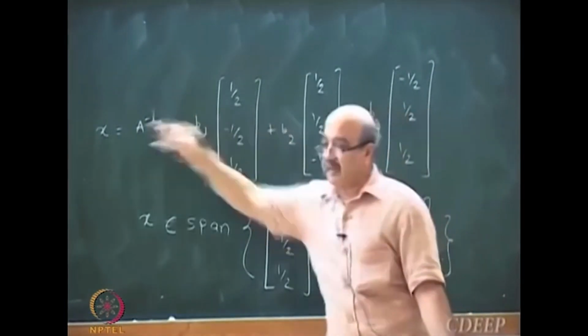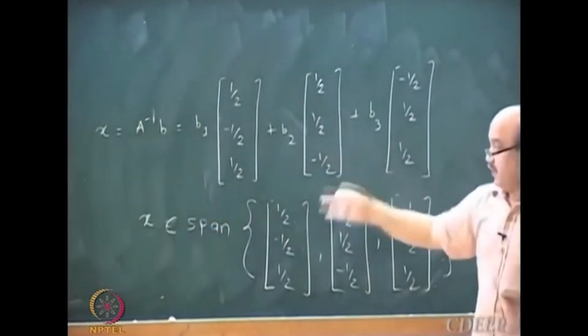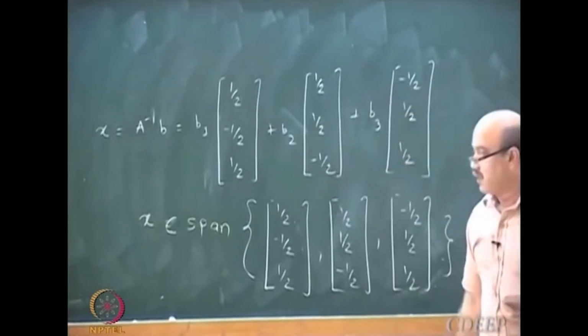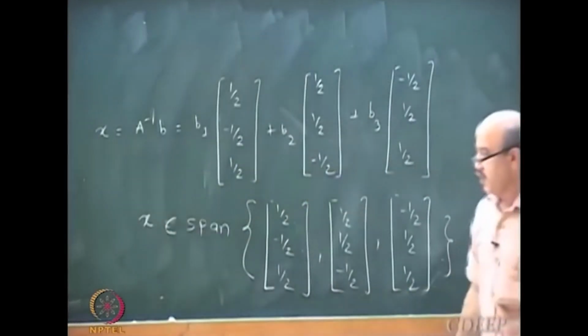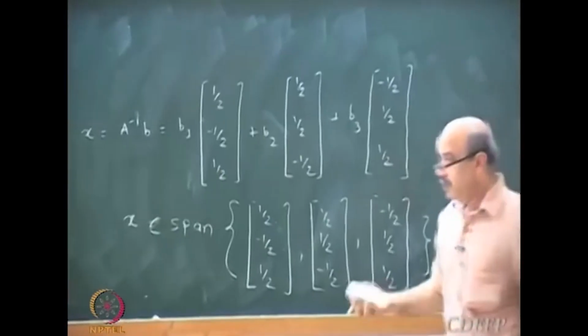If you specify b, I'll get one particular x. How many ways can I specify b? Infinite possible ways. b1, b2, b3 can be chosen. All vectors in R3 can be put here. I'll get one particular solution. So this is an example where you have to look at a span.